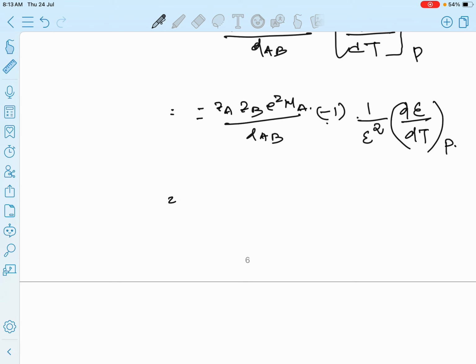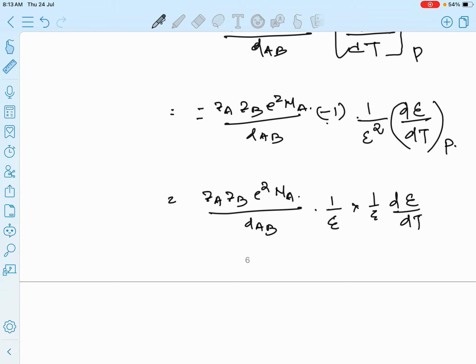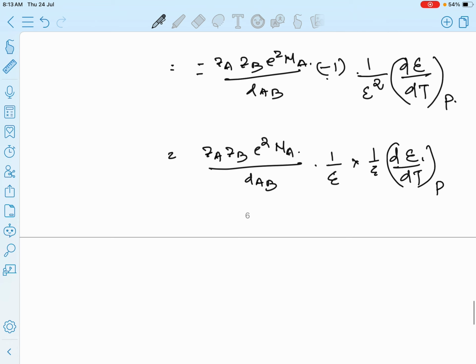Minus of minus plus, that means ZA into ZB E square NA by DAB into 1 by epsilon into, I am just writing, 1 by epsilon d epsilon by dT at constant pressure.